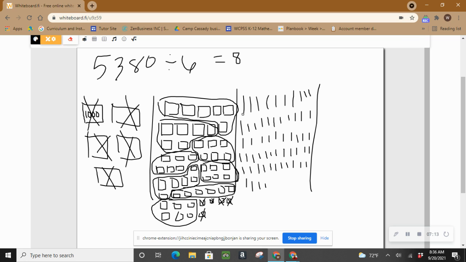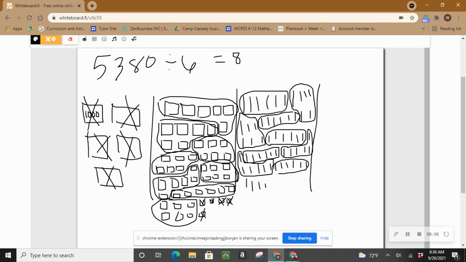So I've got to circle now. So 3, 6. So that's one group. 2 groups. 3 groups. 4 groups. 5 groups. 6 groups. 7 groups. 8 groups.